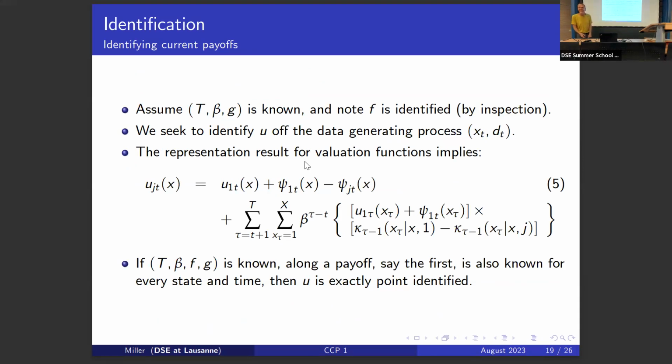Now, although there's still a little bit of a question as to why we need all the weights. We'll talk about that later. Okay. We're going to get the U up here. And what I'm going to claim is that the representation result for the value function implies this for the U's.